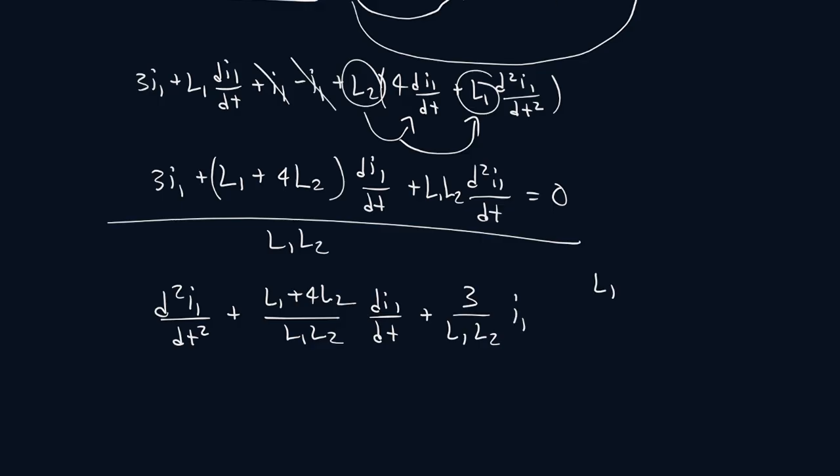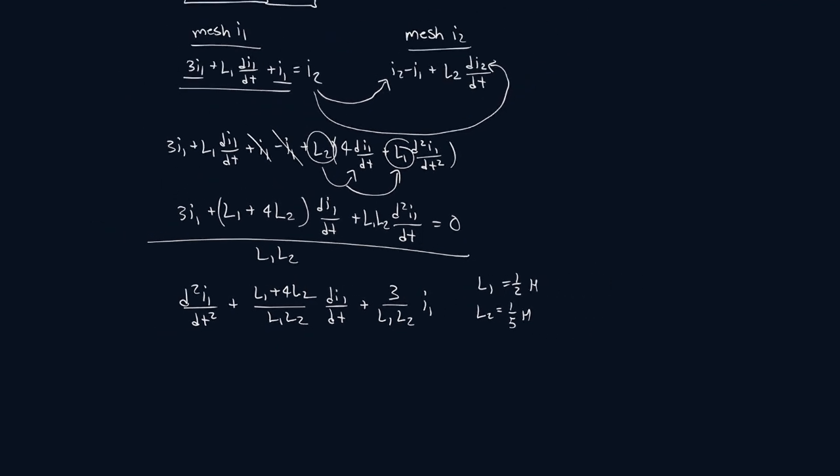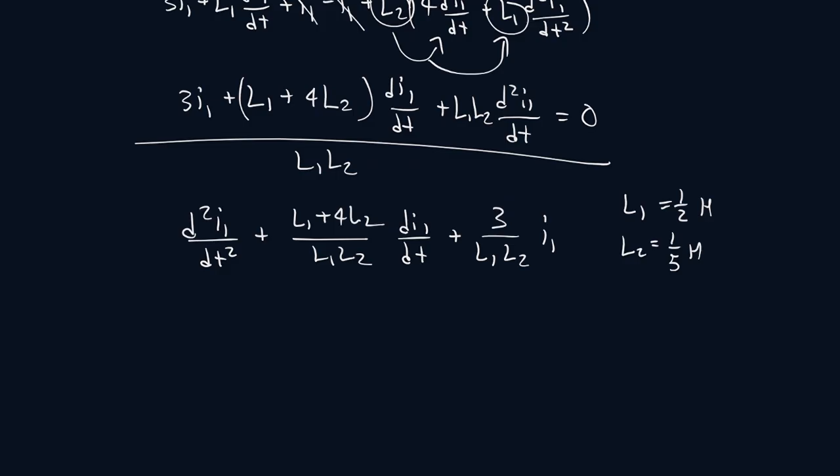And recall L1 was 1 over 2 henries, and L2 was 1 over 5 henries. Okay? So now if you plug everything in, you should get the following. Okay?